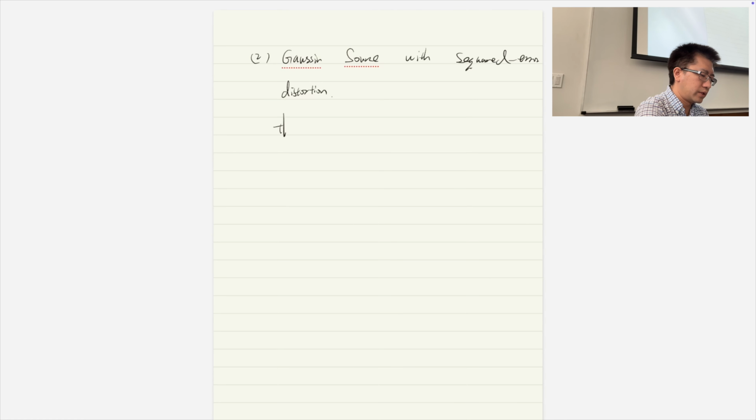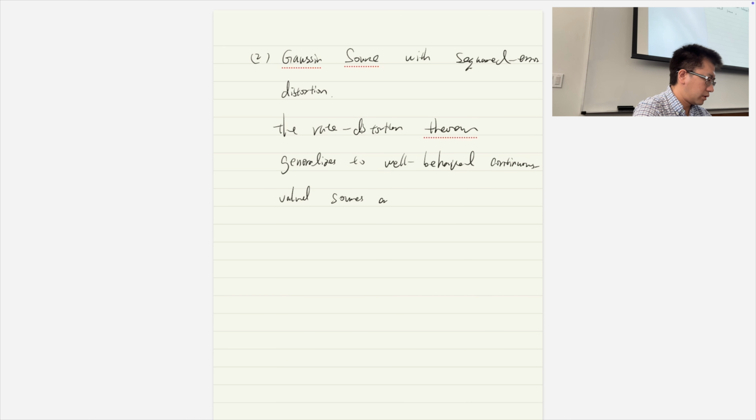So basically, we say the rate distortion theorem generalizes to well-behaved continuous valued sources and unbounded distortion matters.